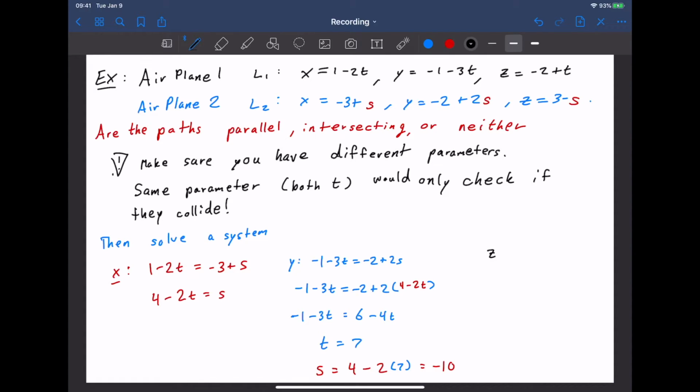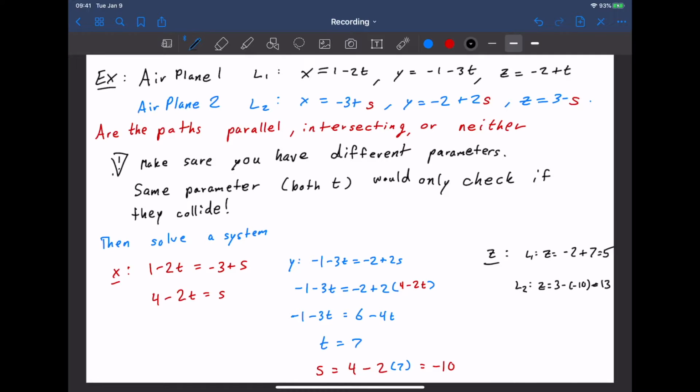So z. For L1, we have z equals negative 2 plus t, which is 7, which is 5. So L1 at that time is at a height of 5, whereas L2, z is 3 minus s, so 3 minus negative 10, which is the number 13.